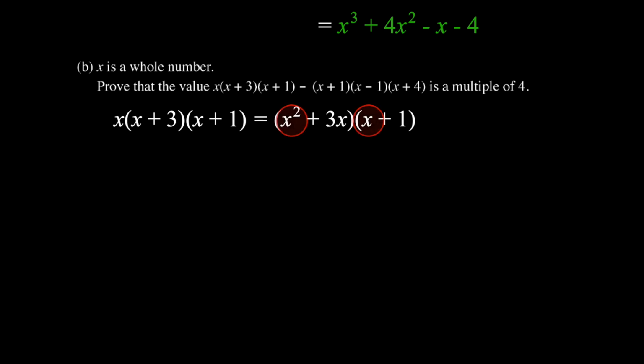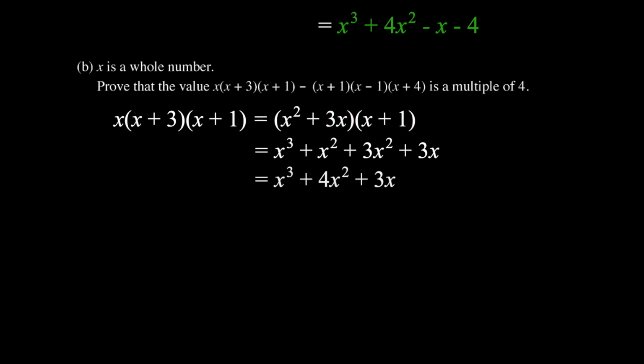So we have x squared multiplied by x, which is equal to x cubed, x squared multiplied by 1, which is x squared. Then we have 3x multiplied by x, which is equal to 3x squared. And then we have 3x multiplied by 1, which is 3x. And this simplifies to x cubed + 4x squared + 3x.